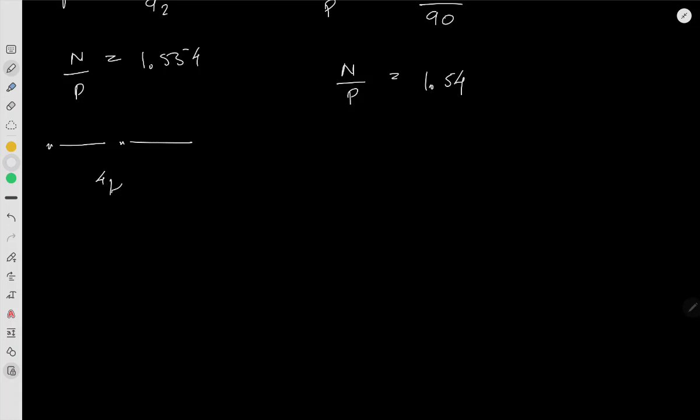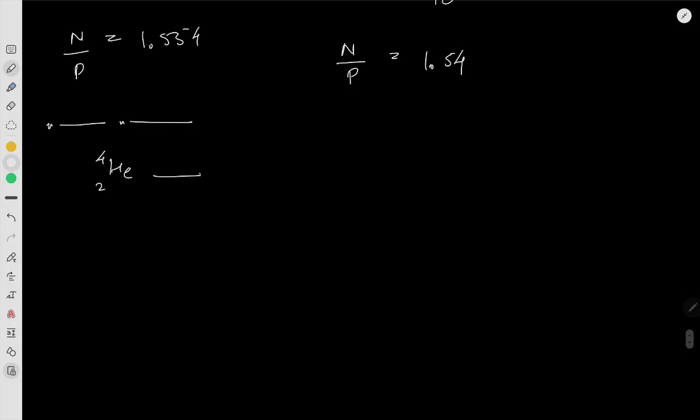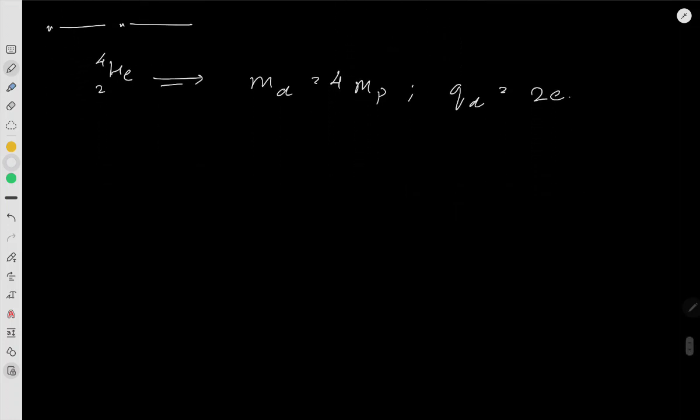So 4He2 would indicate that the mass of an alpha particle is 4 times the mass of a proton, and also the charge of an alpha particle is 2 times e, and e is a number that we defined as the charge of a proton, that is the modulus of the charge of a proton, which is equal to the modulus of the charge of an electron.